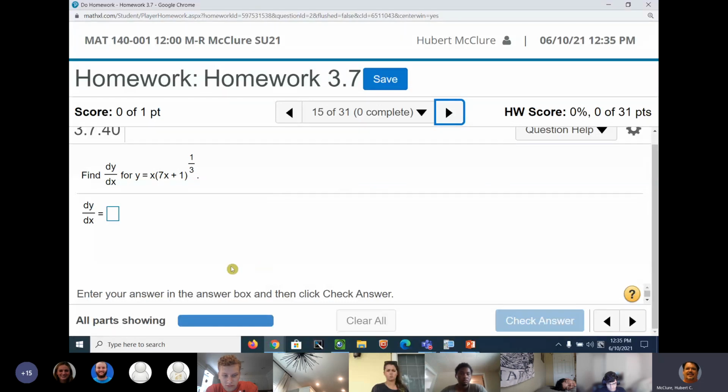F of x is equal to x times (7x plus 1) to the 1/3 power.